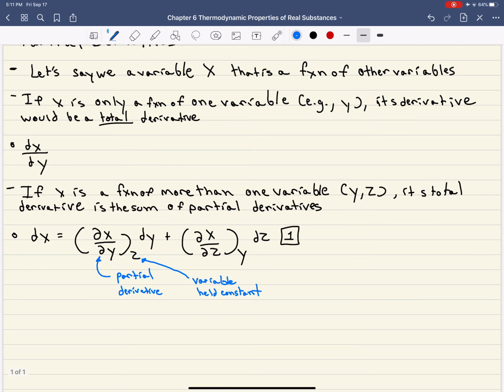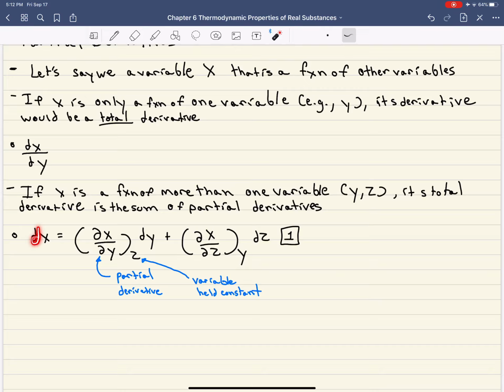And so essentially what we're saying here is that the derivative of x is going to be the sum of the function x, or its derivative, taken with respect only to y. So we take the derivative of the function of x only with respect to y, while holding z constant. Okay? So that's what this first term refers to. And then the second term is where we take the derivative of x with respect to z, where we hold y constant. Okay? Right?